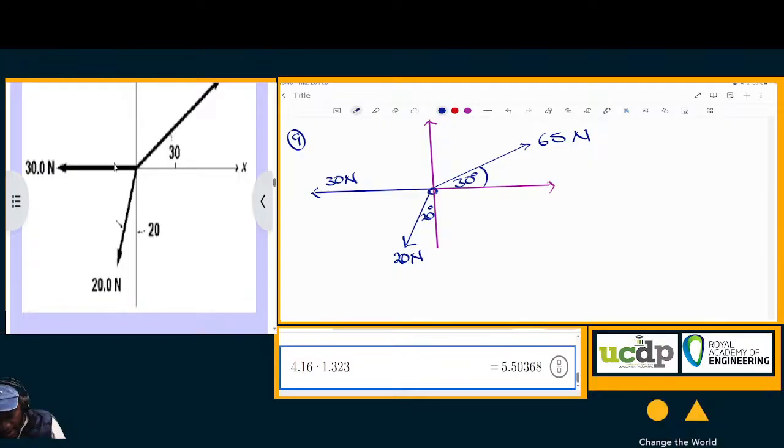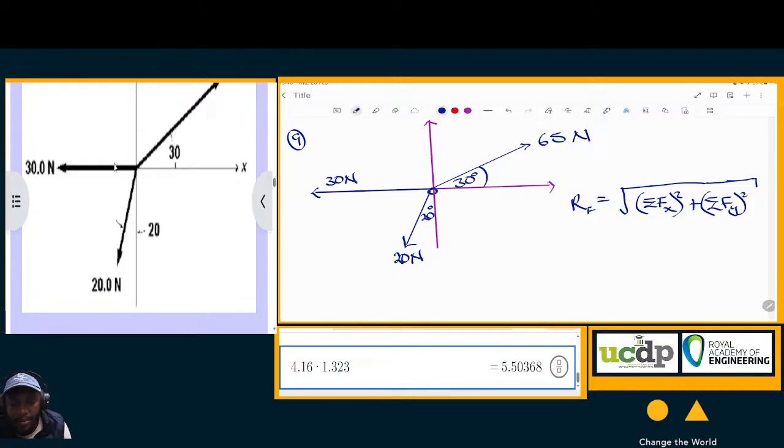Because to find the resultant force, the resultant force is going to be equal to the square root of the summation of forces in the x direction all squared, plus the summation of forces in the y all squared. So the first thing we do would be to find the sum of forces in the x.